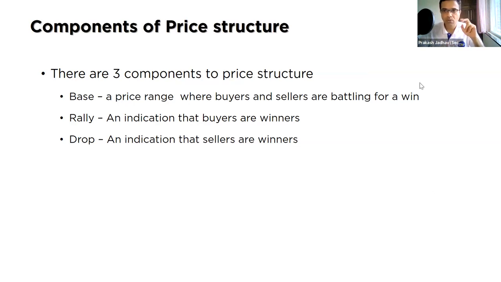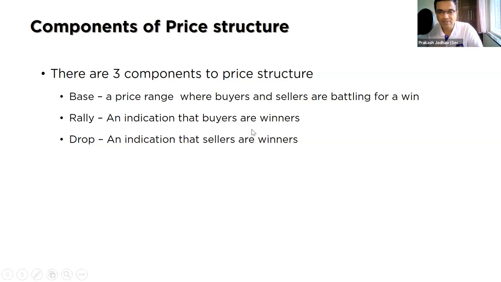Base is a price range where the buyers or sellers are still battling for a win. There is a fight going on between buyers and sellers. That range is called base. Versus a rally is an indication that buyers are already winners.